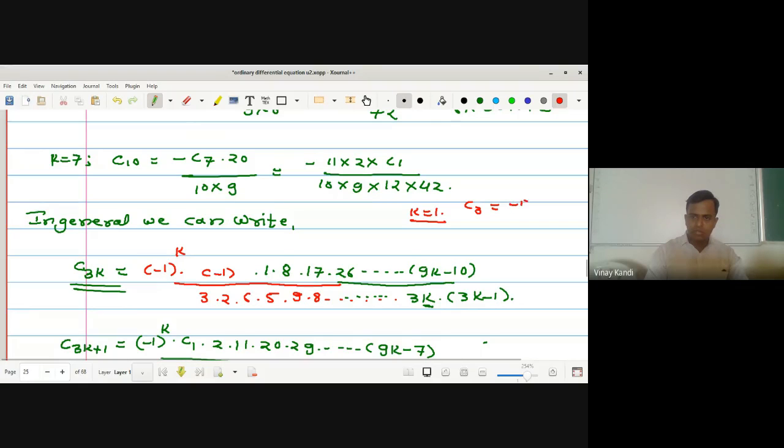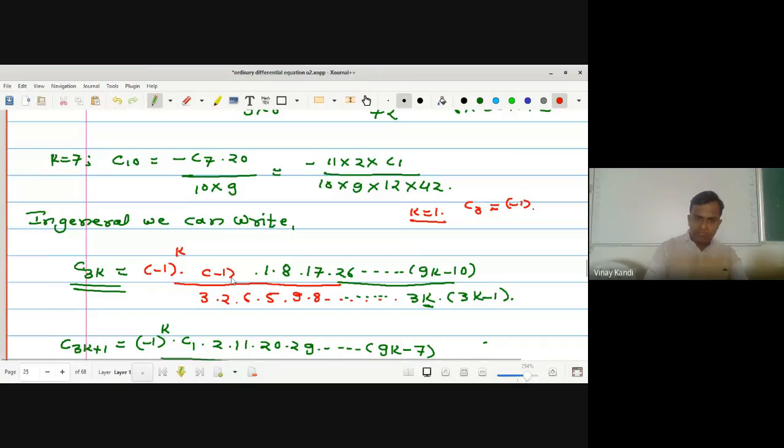minus 1. And this minus 1 coefficient is from the general term, from the 9k minus 1 term. Hence if we put k is equal to 1, here we get C3 which is equal to minus 1 raised to 1, that is minus 1.